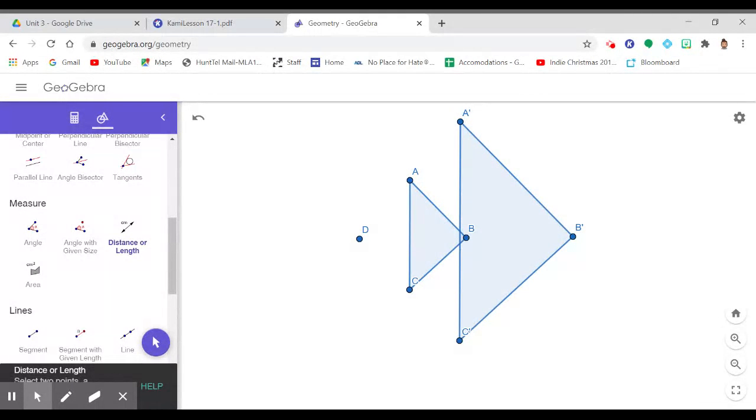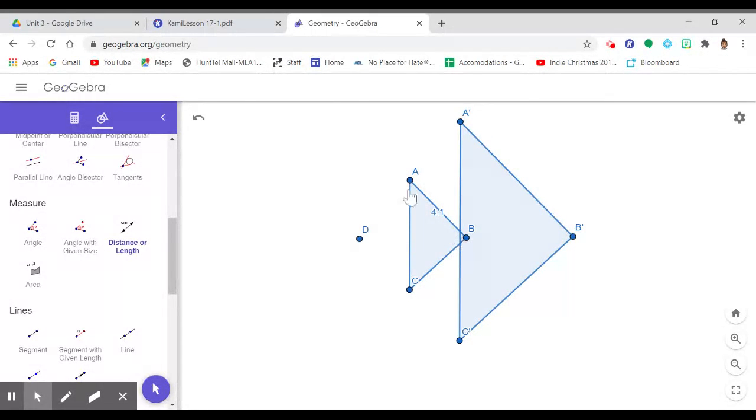Let's talk about how scale factor, obviously we're not dealing with any coordinates, how does it affect distance? So let's see what the distance from A to B was. So on my GeoGebra, the distance from A to B was 4.1. So we know the scale factor not only affects coordinates, but it should affect the length of the segment.